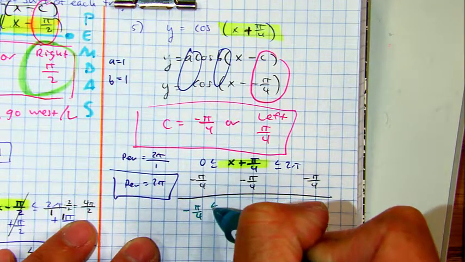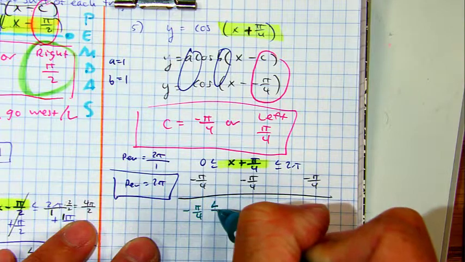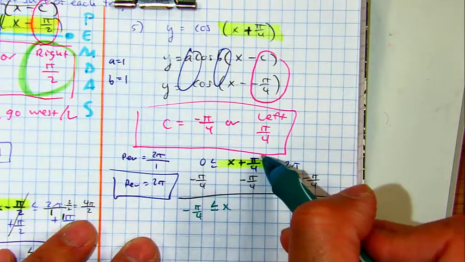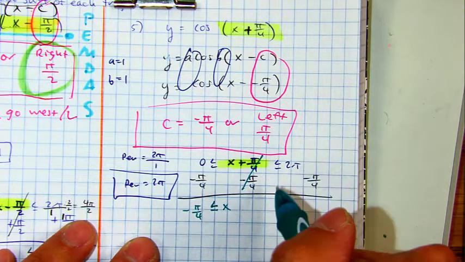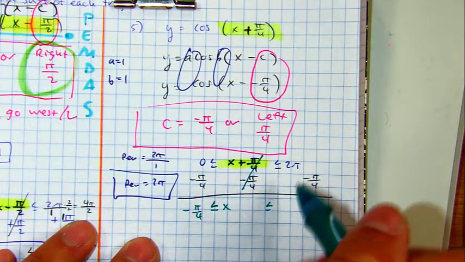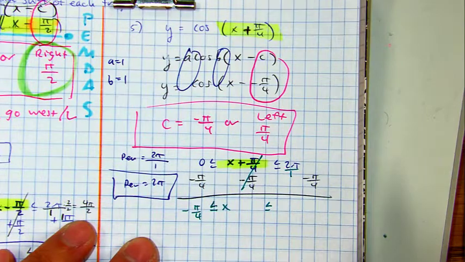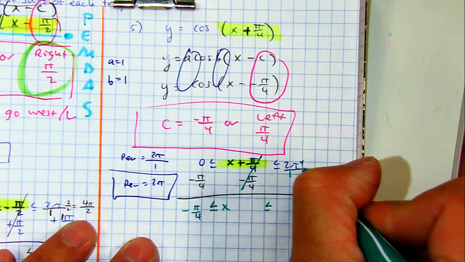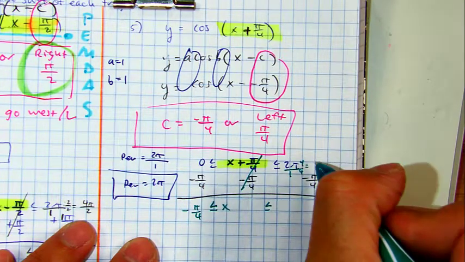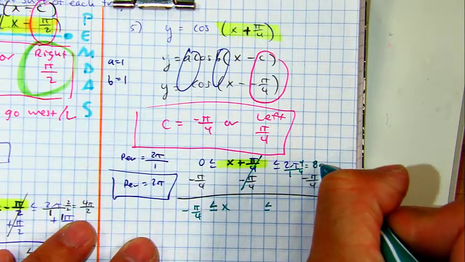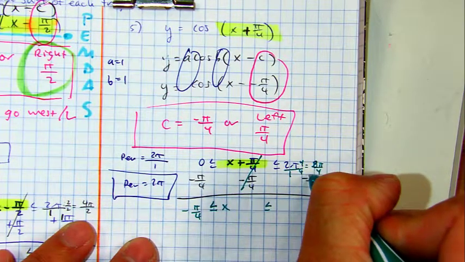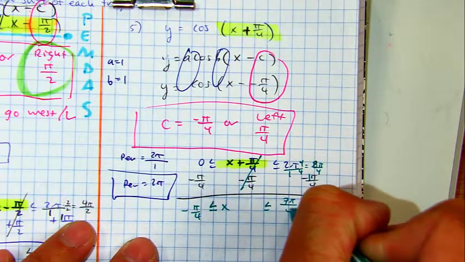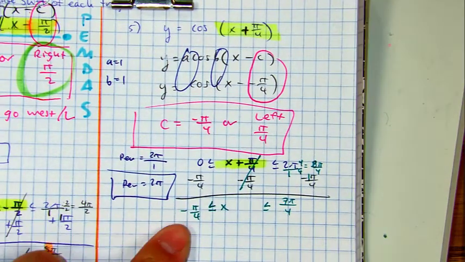Less than or equal to. Yep. Yep. Yep. Yes. Yes. Negative pi over 4 and 7 pi over 4.